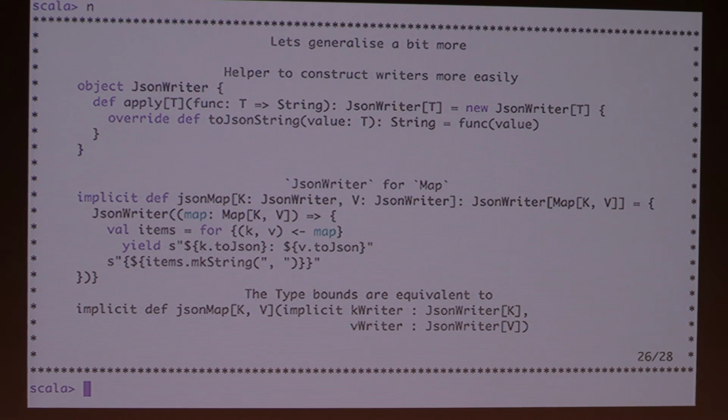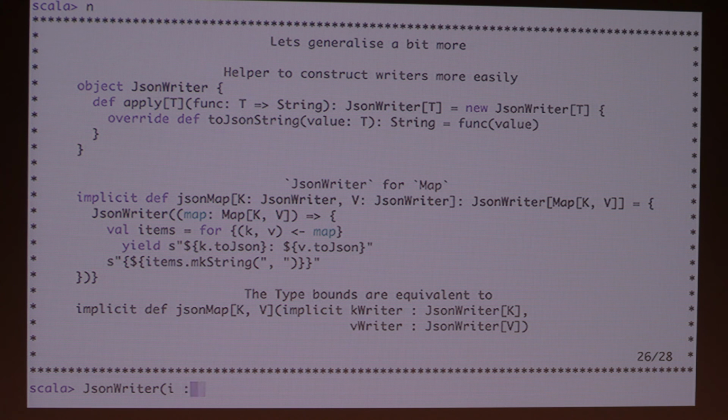We can generalize this, of course. So let's first look at the top part. We can create a companion object for JSON writer, because as we saw, the JSON writer is just something that converts a type T to our JSON type of a string in this case, which we can make easier by just passing in a string. So we make an apply method on JSON writer, so we can write something like this.